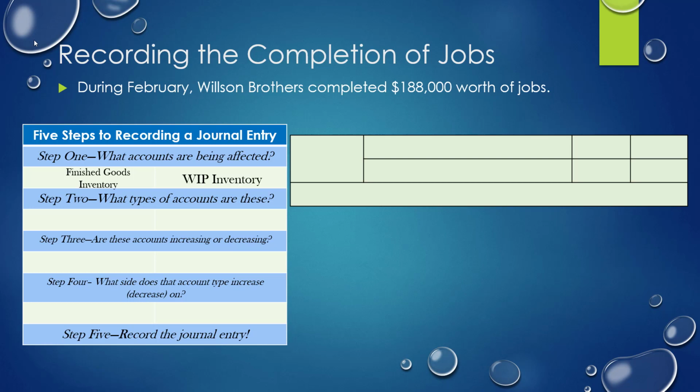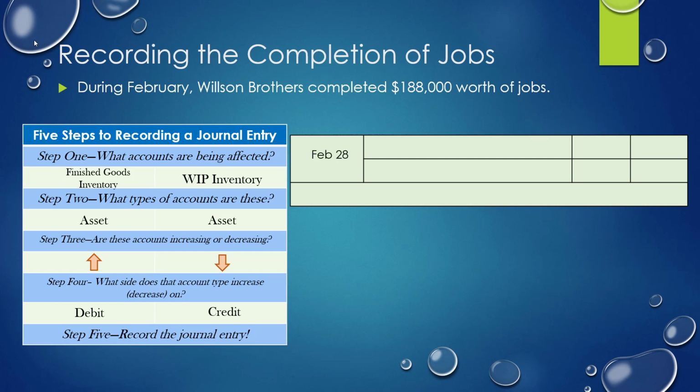Both end with the word inventory, so we know they're both asset accounts. The amount of costs being contained in finished goods inventory, which is inventory that is finished but has not yet been sold, has to be going up. And since those jobs that we finished are no longer a work in process, WIP inventory has to be going down. And assets go up on the debit side and down on the credit side.